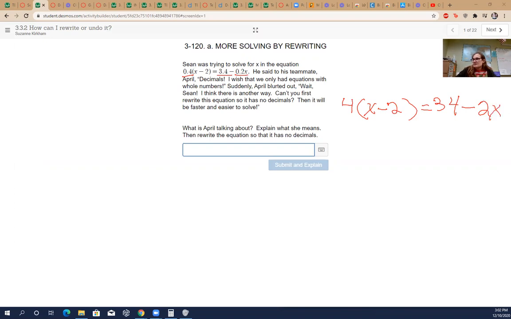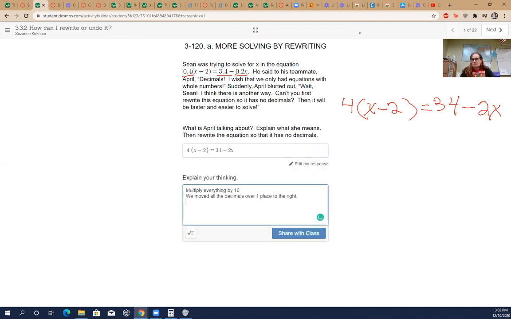And that is the answer that we type into our answer box: 4 times (x minus 2) equals 34 minus 2x. And then explain your thinking: multiply everything by 10. We moved all the decimals over one place to the right.